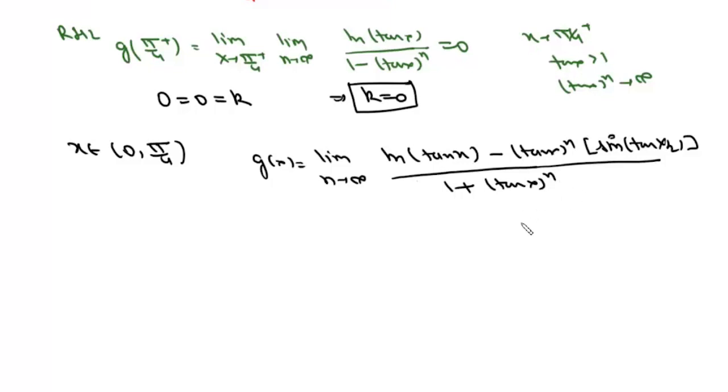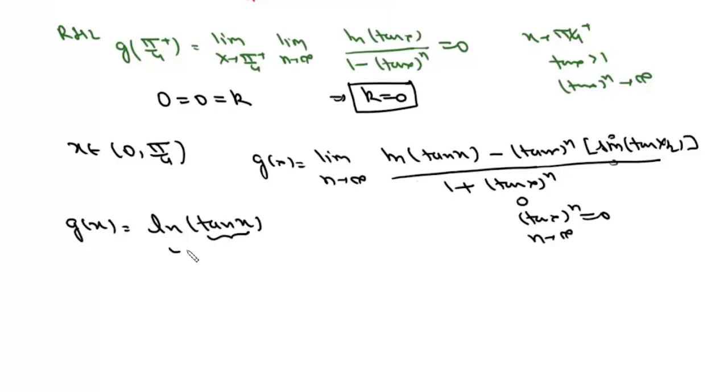Now in this interval, 10x to the power n will be 0 as n tends to infinity. So this is 0 and this is 0. So in this interval, g(x) is simply log 10x. And since 10x is continuous in 0 to pi over 4 and log x is continuous when x is greater than 0, this log of 10x is continuous for x belongs to 0 to pi by 4, and there will be no point of discontinuity of g(x) in this interval.